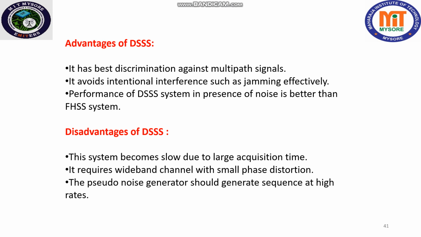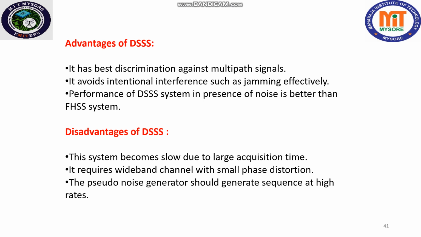First, this system becomes slow due to a large acquisition time. This acquisition time is, in a way, the chip rate. The PN sequence to be generated should have a very high sequence or chip rate, and because it is generated through hardware shift registers, there is a physical limit on the sequence generation.